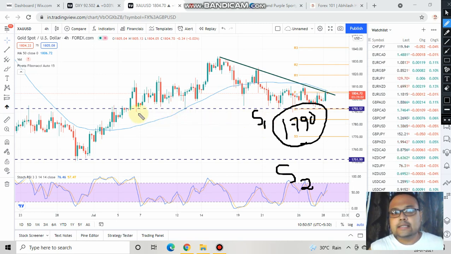As you can clearly see on the chart, whenever the market is coming down, the price is being rejected from the 1790 level. In my previous videos also, I have clearly mentioned that whenever you find the market taking support at the 1790 level, you can immediately go for a buy if you see price being rejected from below.